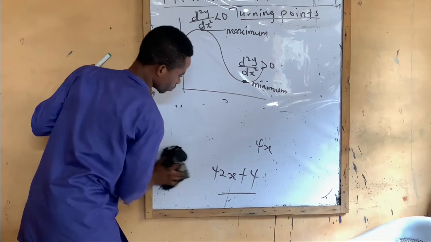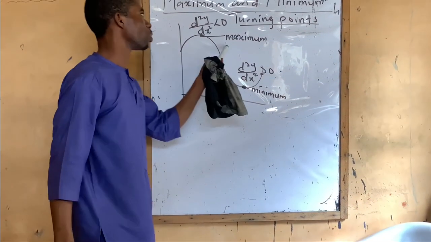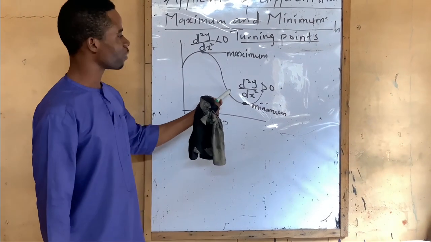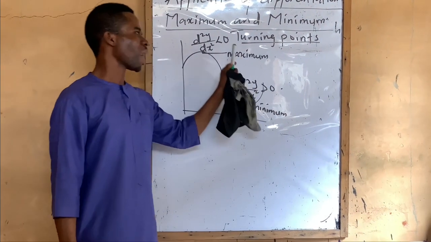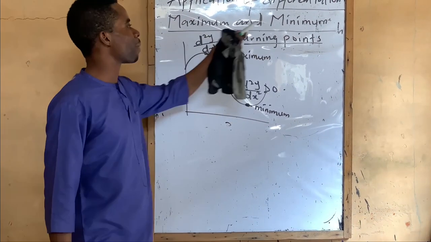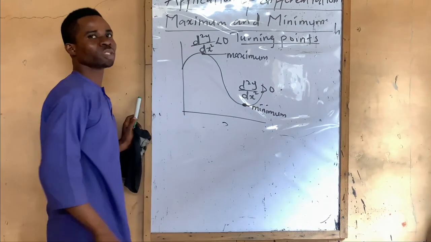Now, you have to know it is maximum when the second derivative is less than 0. It is minimum when the second derivative is greater than 0. And do not forget, turning point is the one that is divided into maximum and minimum. Whether it is maximum or minimum, both of them are turning points.